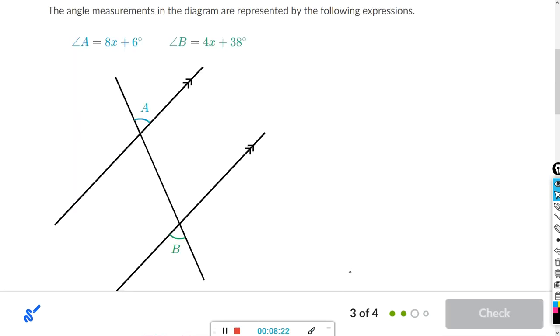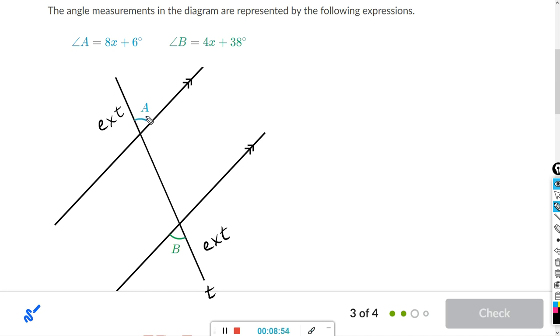So for the last two, I'll just abbreviate. We have the parallel lines here, and this line here is going to be the transversal. I'll label that T. Remember, in between the parallel lines is interior, and outside the parallel lines is exterior. So we can see angles A and B are on the exterior. Now this is the transversal.